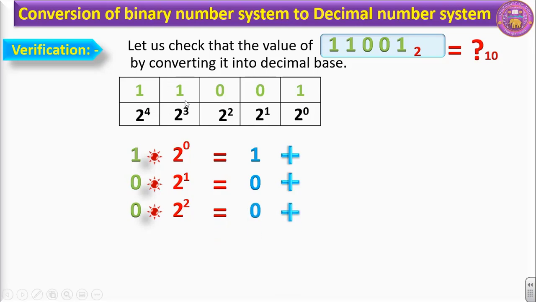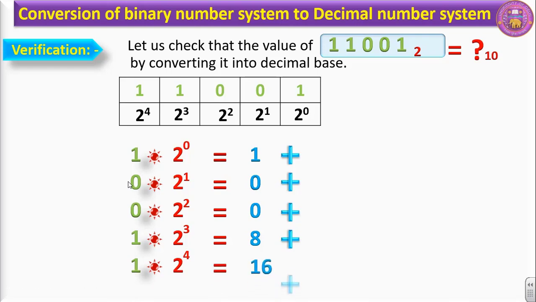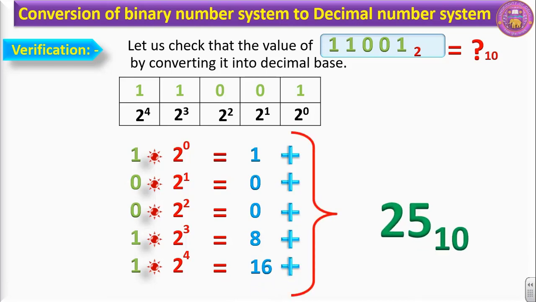The next number is this one. 1 multiplied by 2 raised to power 3. It comes to 8. And the last number is this one. 1 multiplied by 2 raised to power 4. It comes to 16. When we add up these numbers, this comes to 25.